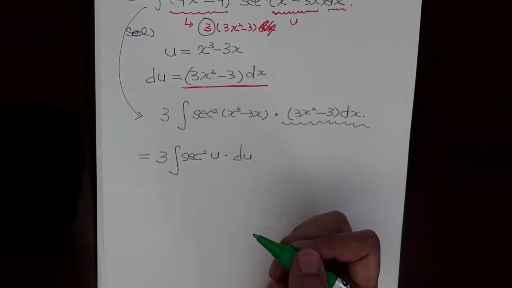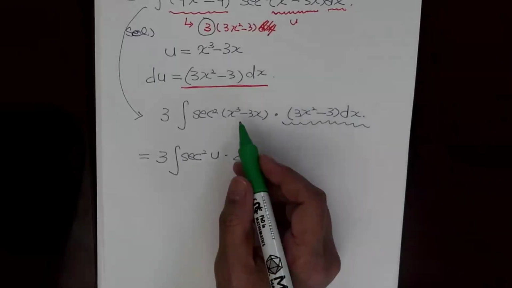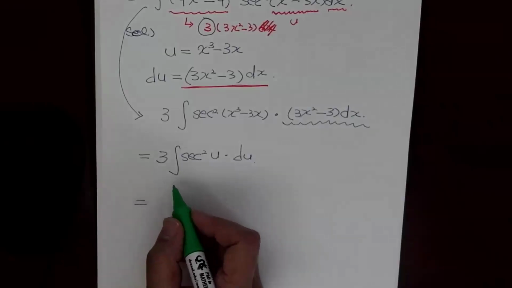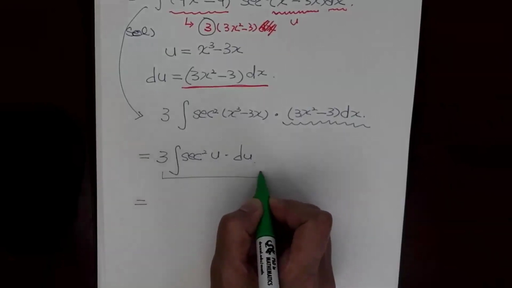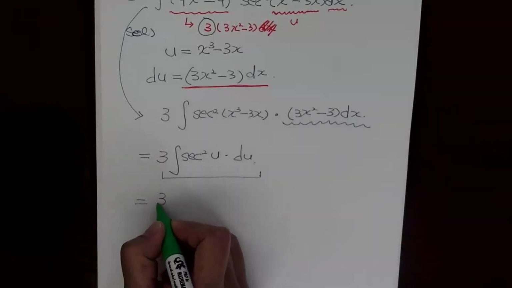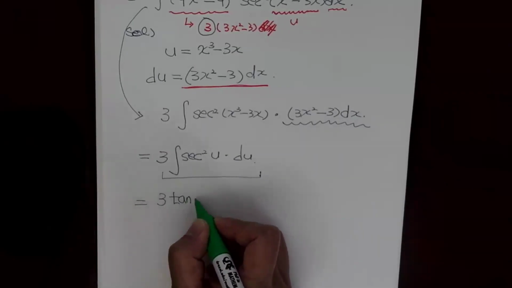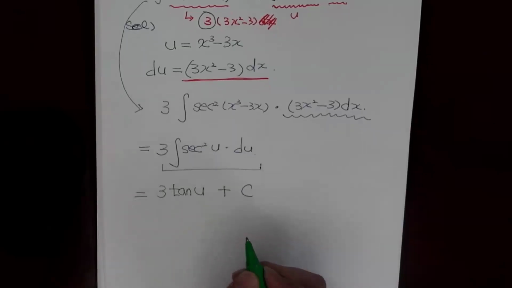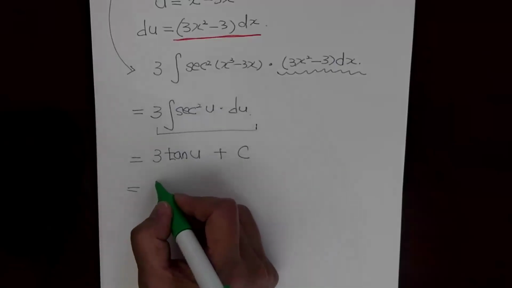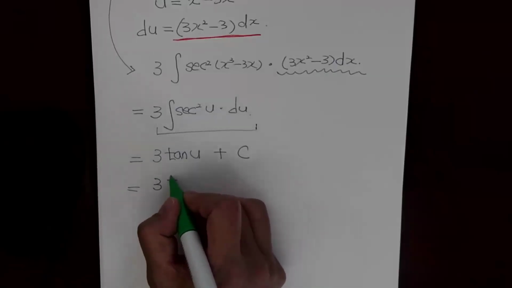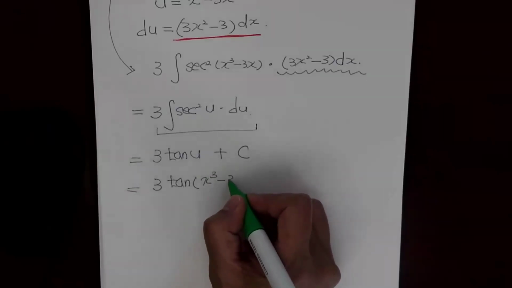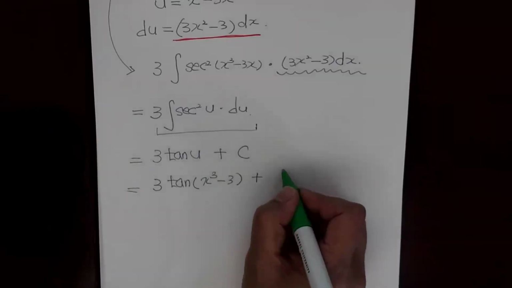So 3x squared minus 3 dx is du. So this is just the same pattern with the formula, straightforward formula. So we have 3 times tangent of u plus c. And then 3 times tangent of x cubed minus 3x plus c.